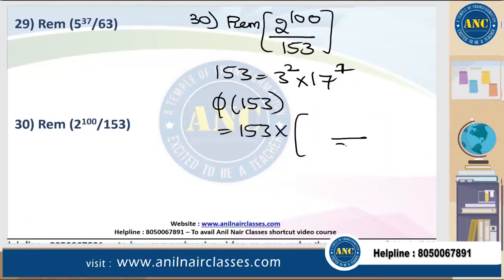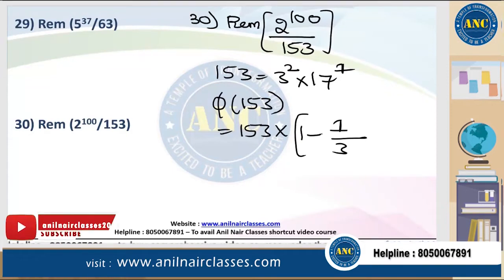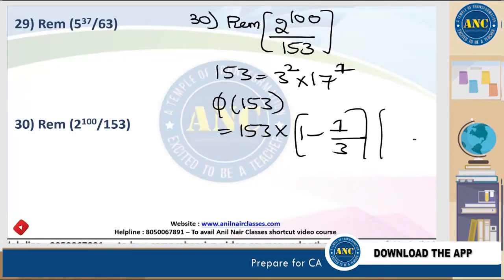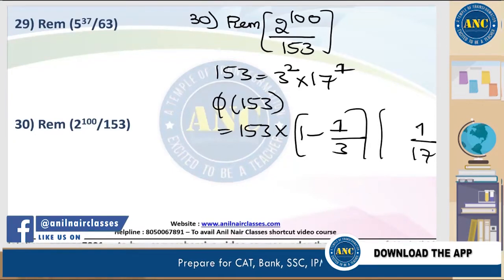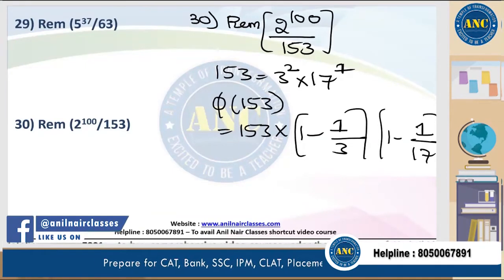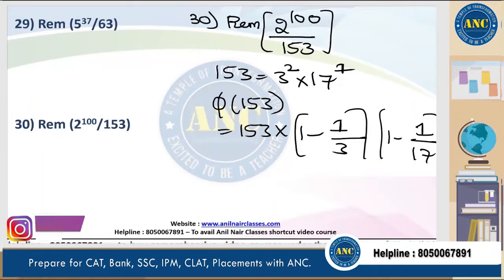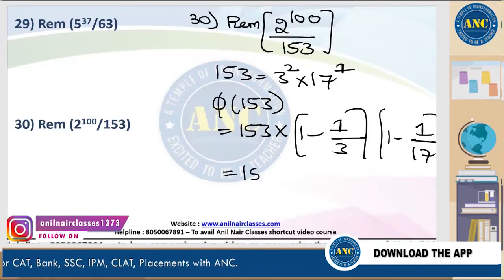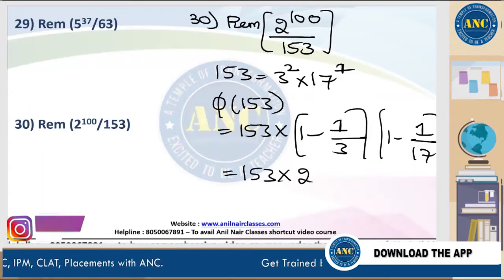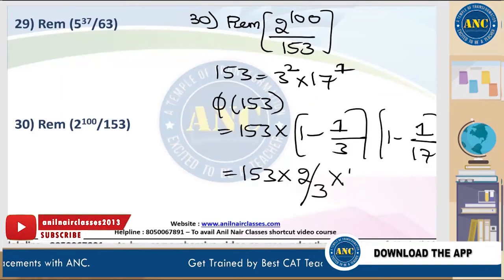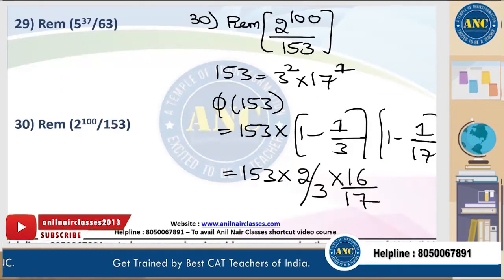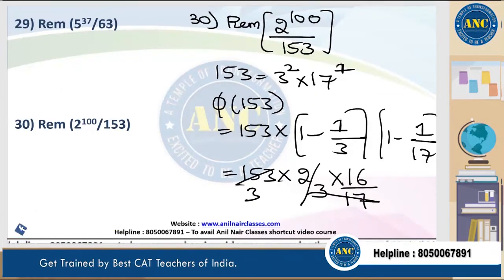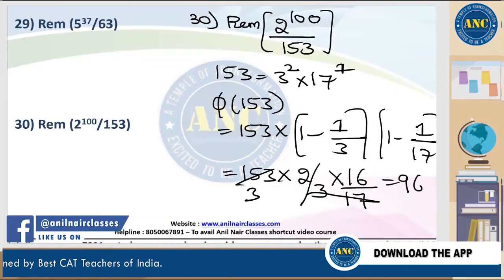Out of 3 numbers, one number is divisible, so the remaining numbers are not divisible: 1 minus 1 by 3. Out of 17, one number is divisible, remaining are 1 minus 1 by 17. So it is nothing but 153 into 2 by 3 into 16 by 17. 51 threes are 153, so it is 96.